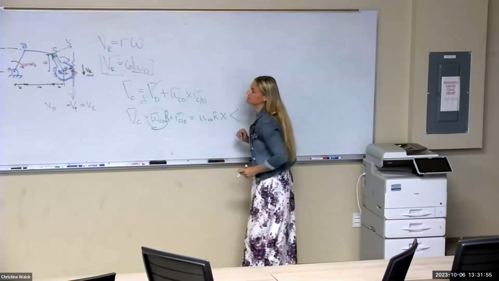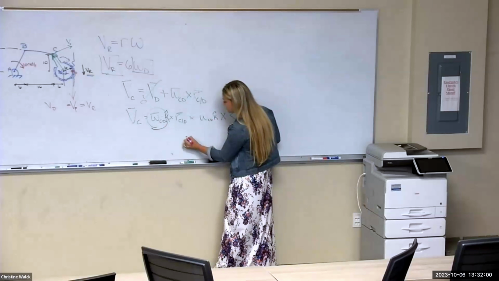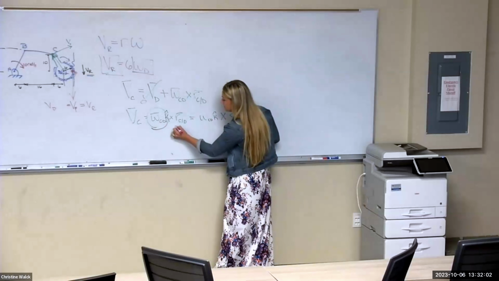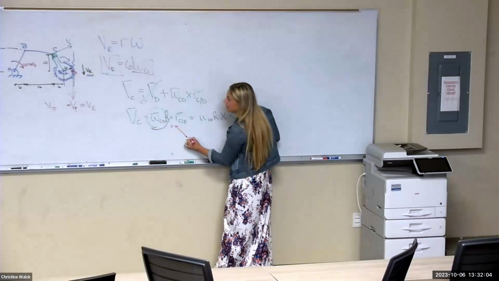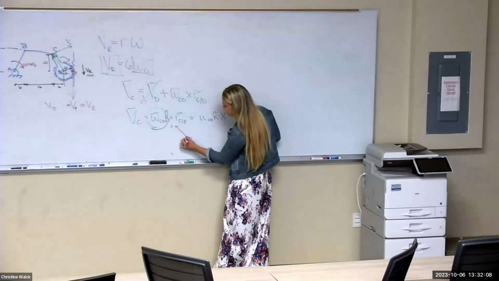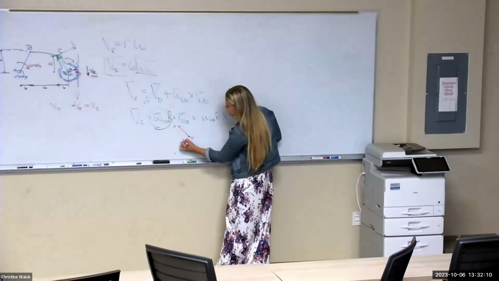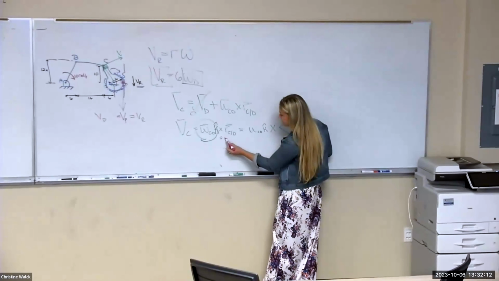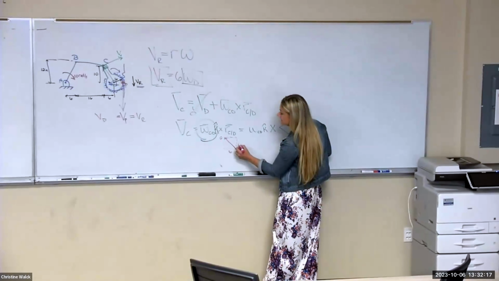This vector we said was going from D to C. And I see if I project this down to my x-axis, it is 6 inches. If I project this to my y-axis, it is 10, okay?